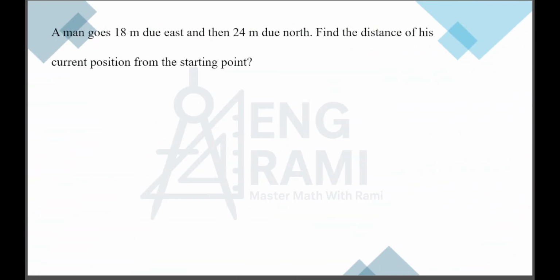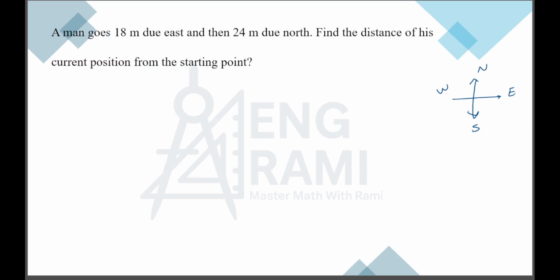Another question. A man goes 18 meters due east and then 24 meters due north. Find the distance of his current position from the starting point. We know that here is north, south, east and west.